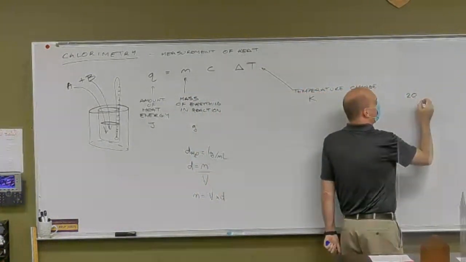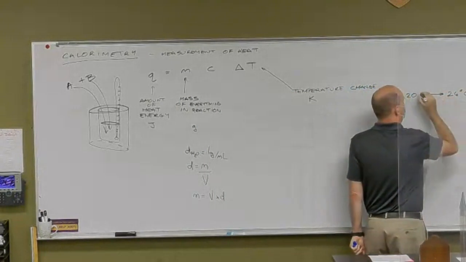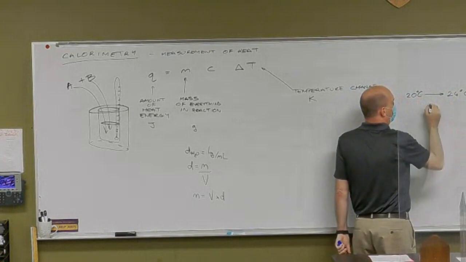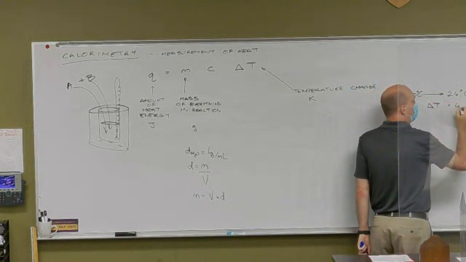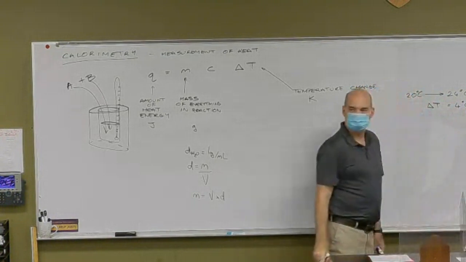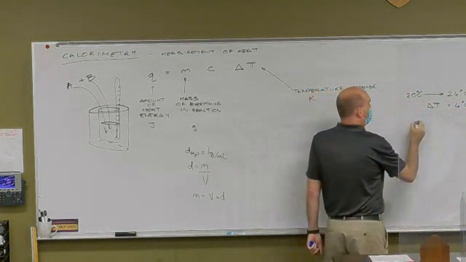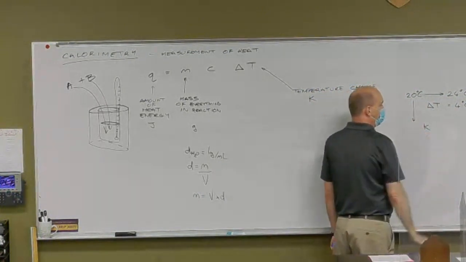If I did a reaction and it started at 20 degrees and it went up to 24 degrees, and that was degrees Celsius, then the change in temperature is 4 degrees, right? What is 20 degrees Celsius when you express it as Kelvin?